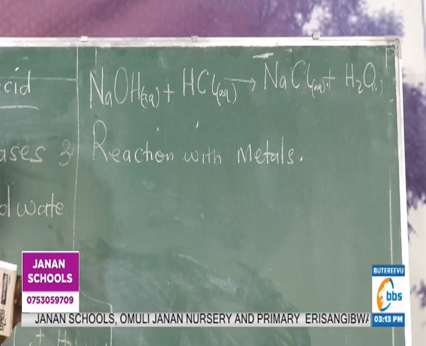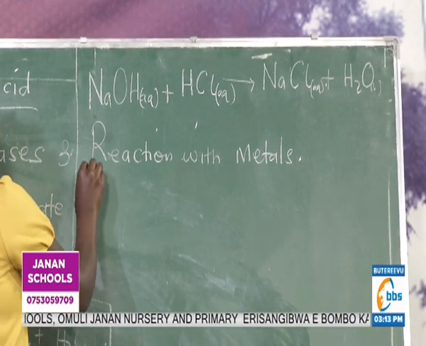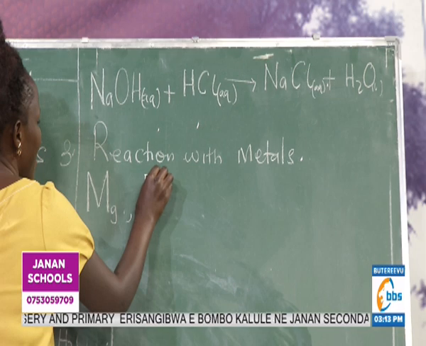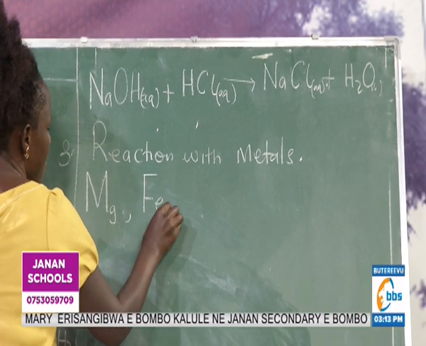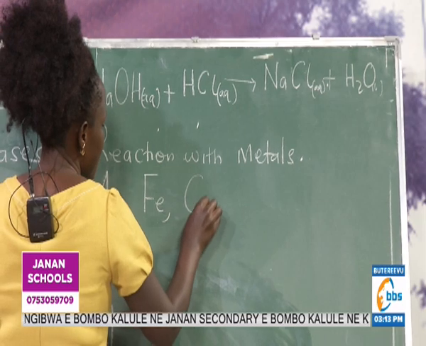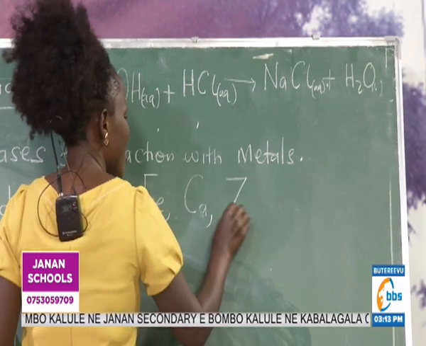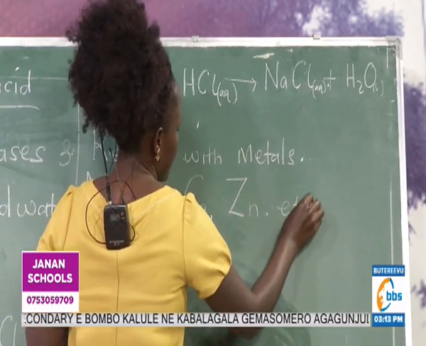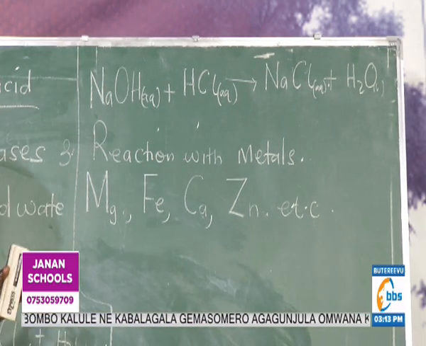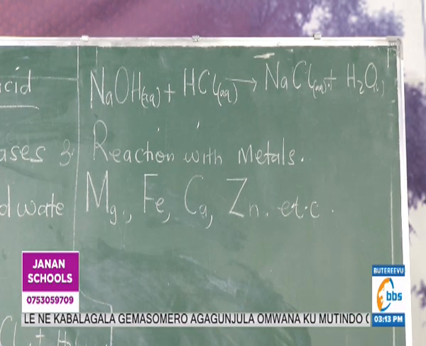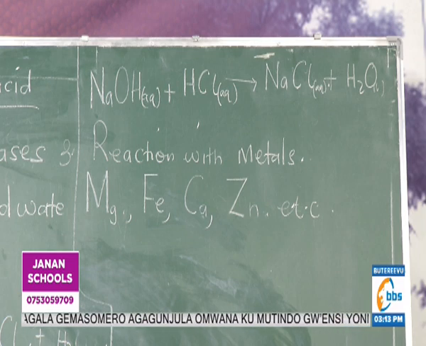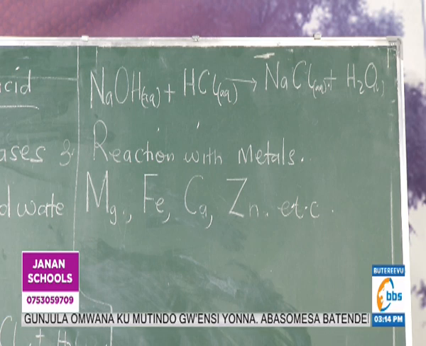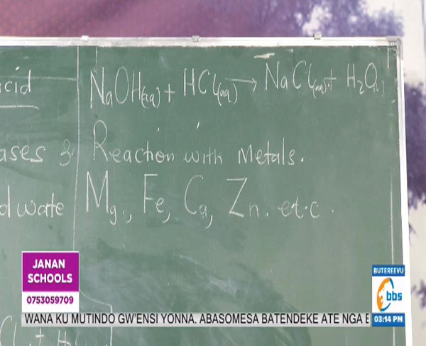And the metals we are going to talk about: we shall talk of magnesium, iron, calcium, zinc, and so on. Those metals are somewhere in the reactivity series, apart from calcium, which is somewhere at the top of the reactivity series.